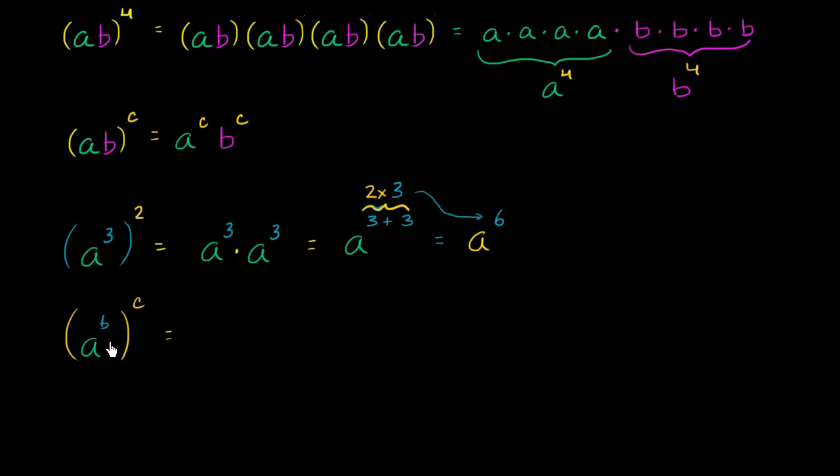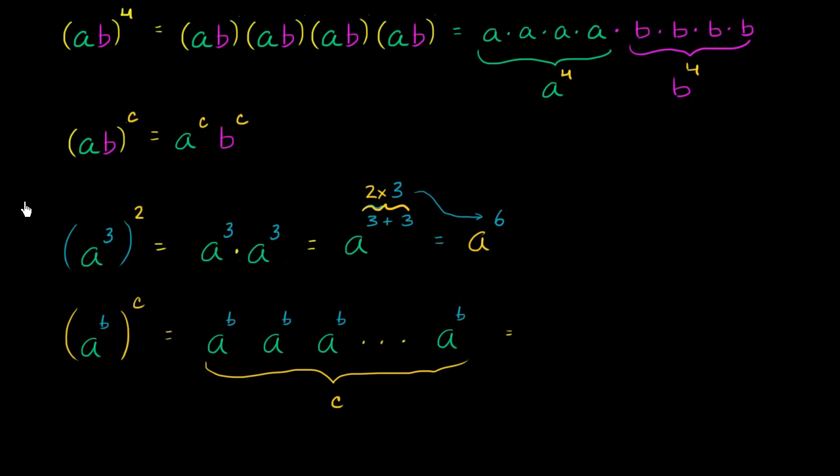Well, what is that going to give me? I'm essentially going to have to take c of these. So 1, 2, 3, I don't know how large of a number c is, so I'll just do dot, dot, dot. I have c of these.